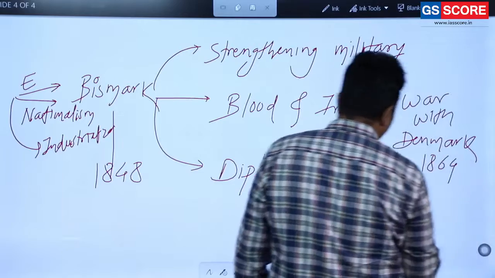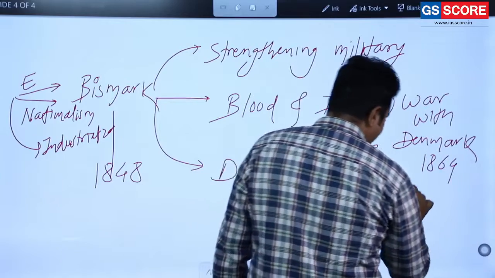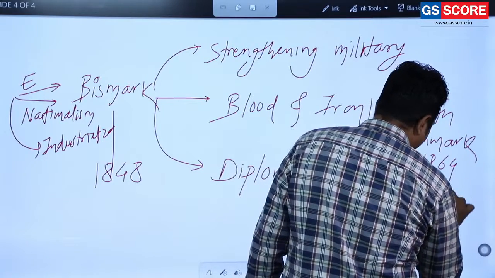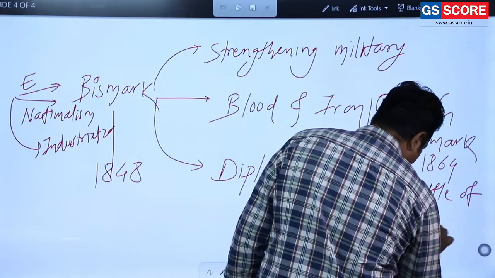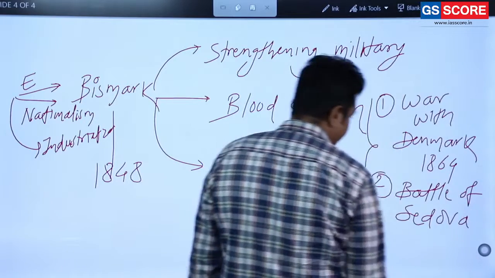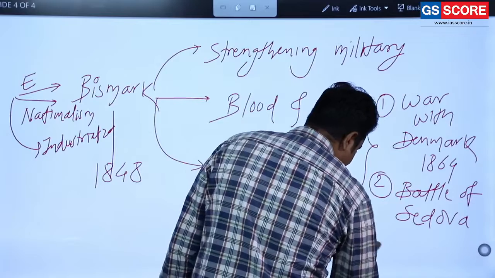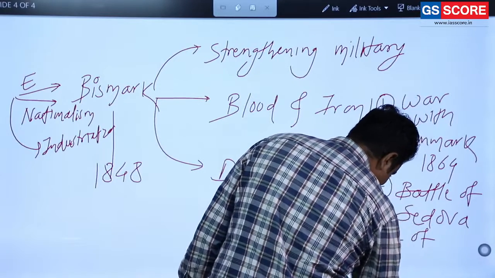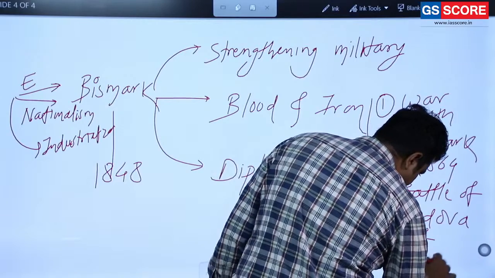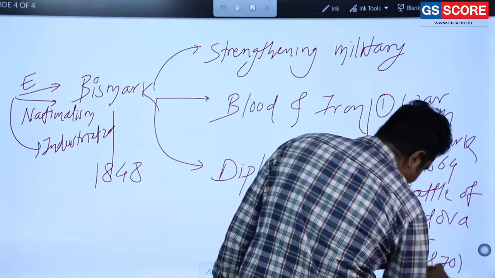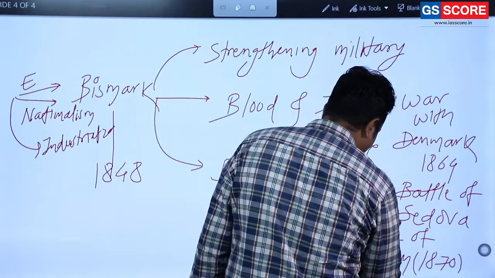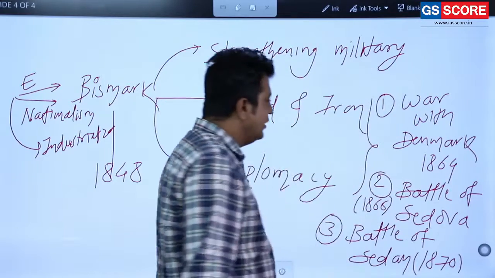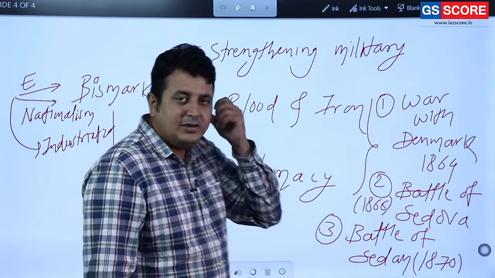(1864). Then we can see this diplomacy and war in the Battle of Sadowa, and the third is visible in the Battle of Sedan in 1870. The Battle of Sadowa is 1866. So 64, 66 and 1870.